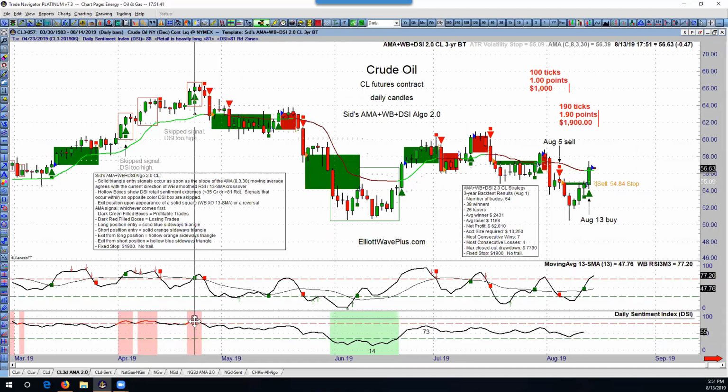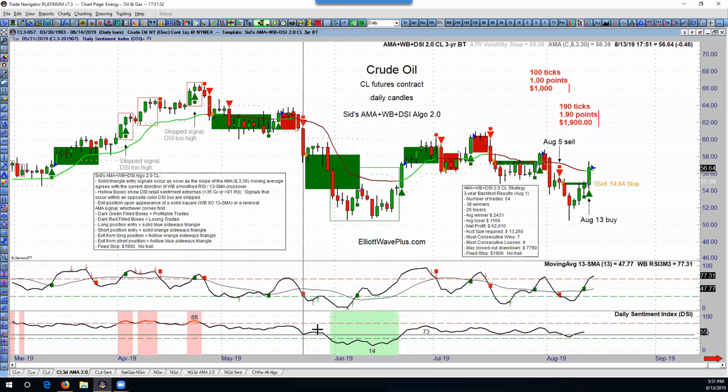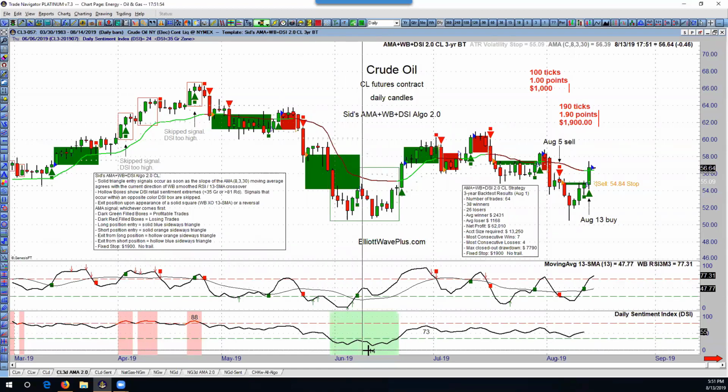And so notice that when the retail traders are extremely bullish, you get one of these pink zones down here. And when they're extremely bearish, you get one of these green zones.